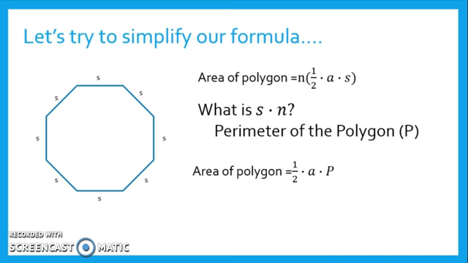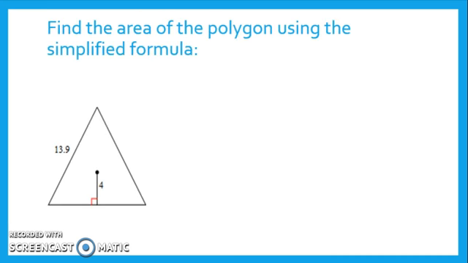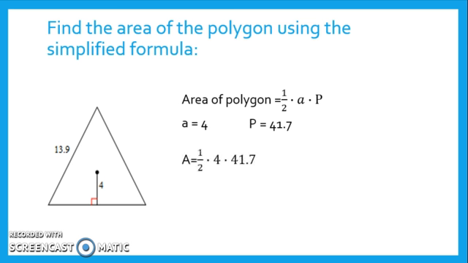Either formula works. We're going to use that to find the area of this triangle: 1/2 times A times P. A is 4. The perimeter is 13.9 times 3, which is 41.7. Then 1/2 times 4 times 41.7 is 83.4 square units.